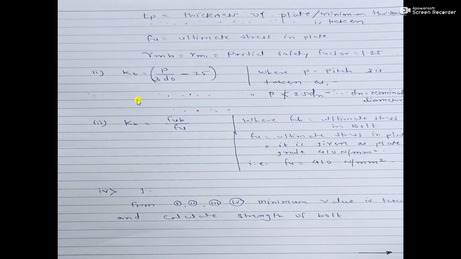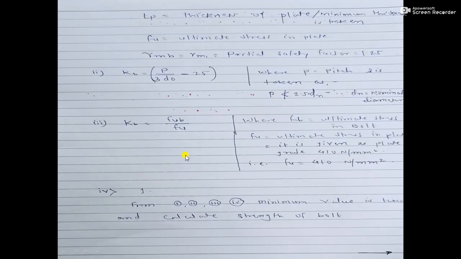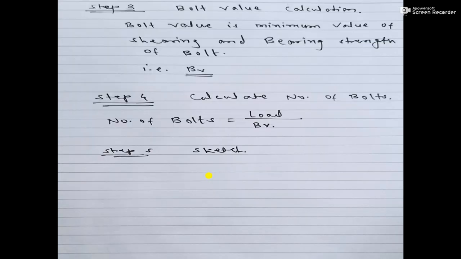So first we calculate value number 1, e upon 3d0. The second value is P upon 3d0 minus 25. The third value is FUB upon FU, and the fourth value is 1. Among all these four values, consider the minimum value and calculate the strength of the bolt in bearing.